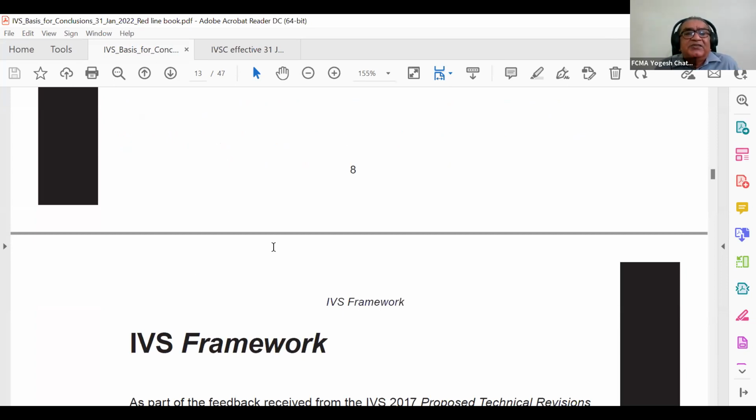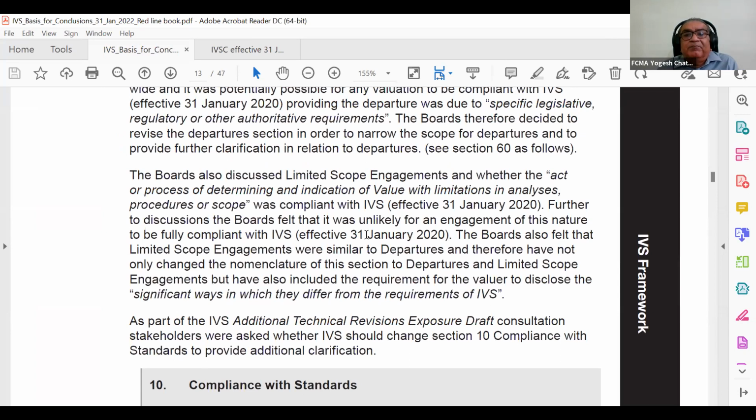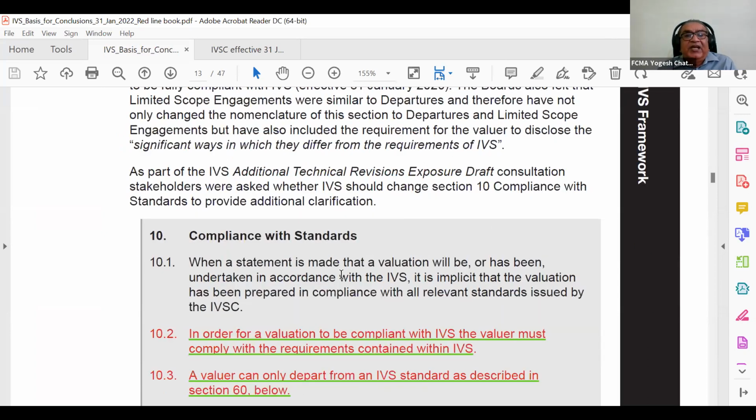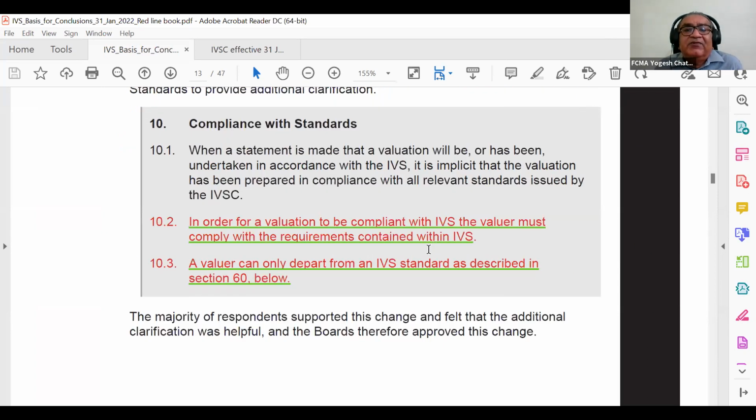Compliance with standards. In order for a valuation to be compliant with IVS, the valuer must comply with the requirements contained within the IVS. So this will also give the answer to your question. That is very important.